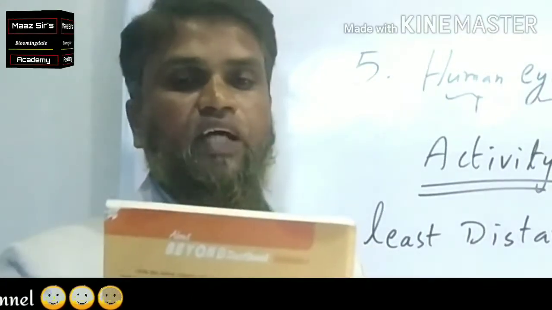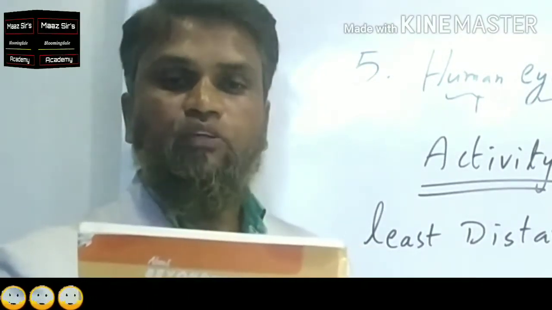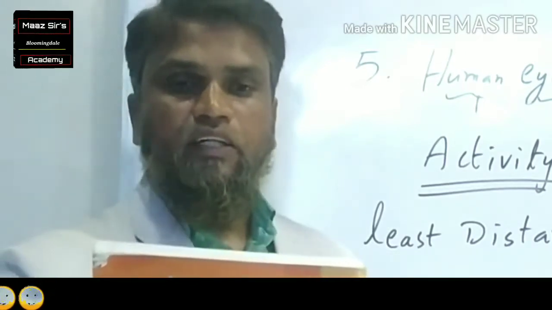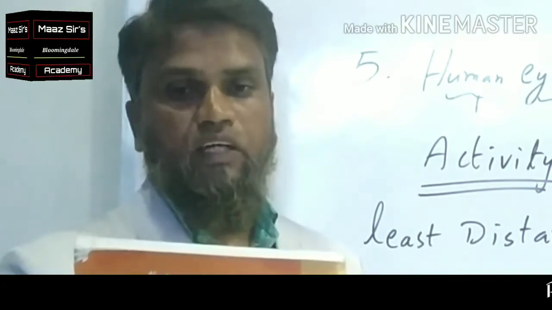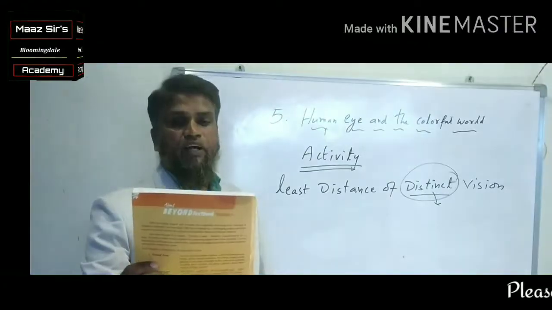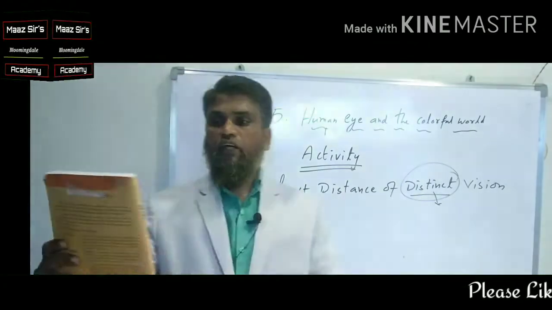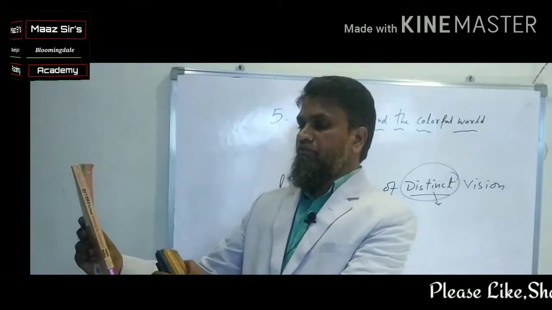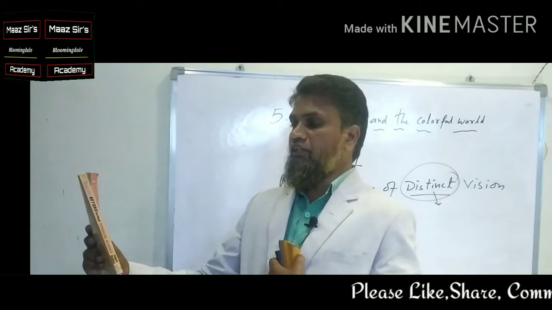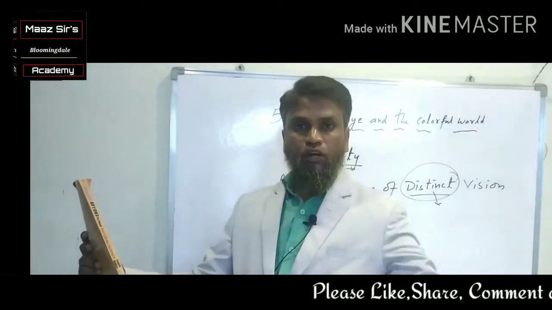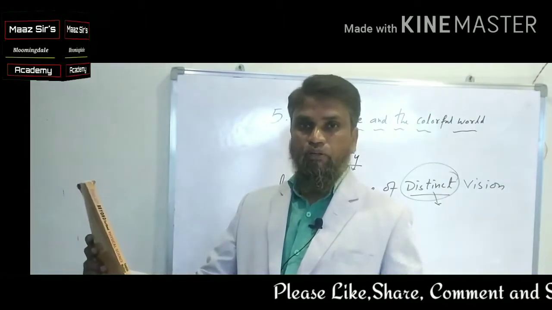Keep your book at some distance where you can see the letters clearly without any pain in your eye. Now tell your friend to measure this distance from here to here, and let him note it down in a book.